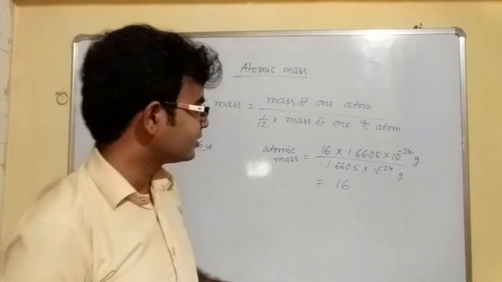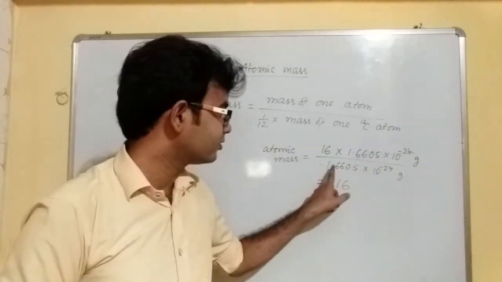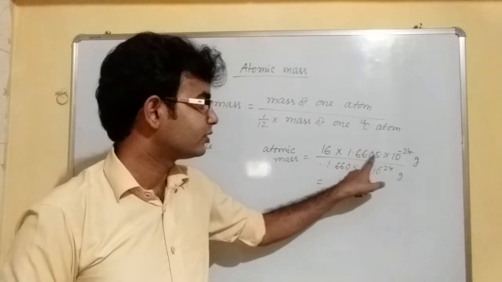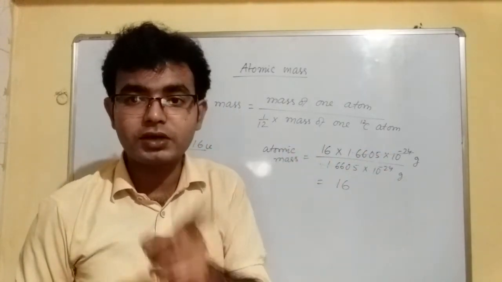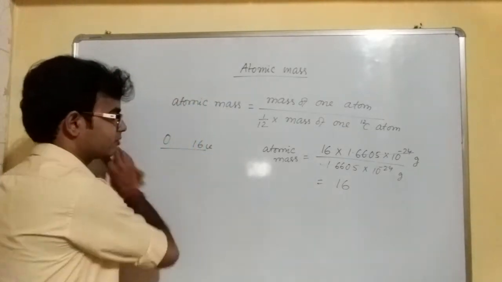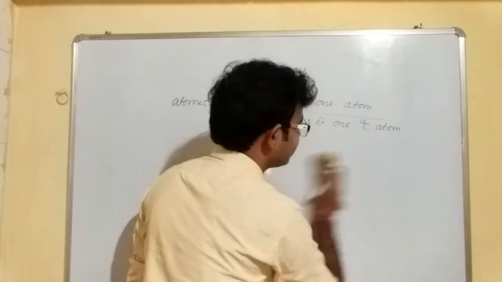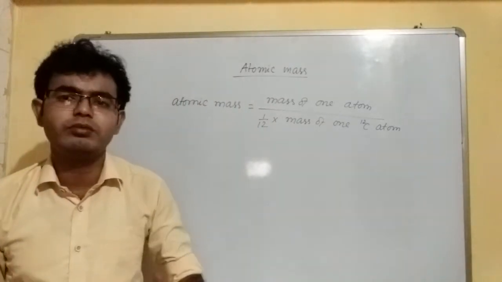So it is clear that the mass of one oxygen atom is 16 times more than 1 AMU. So obviously the mass of one oxygen atom is 16 U. ठीक है, तो एक ऑक्सीजन एटम का मास होगा 16 U. So suppose the question is that what is the definition of atomic mass, or what do you mean by atomic mass?